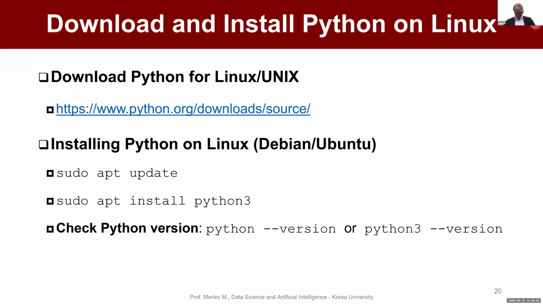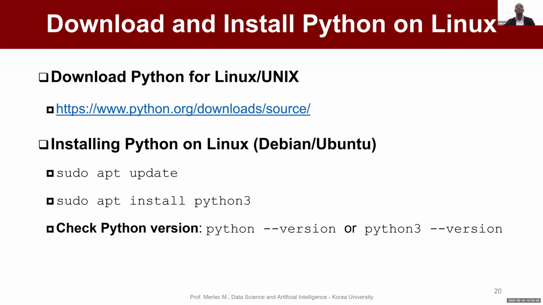The last step is to install and run Python on Linux. As you may know, Mac OS is basically using the Unix kernel. That means the same instructions you can run on Linux can also run on Mac OS.